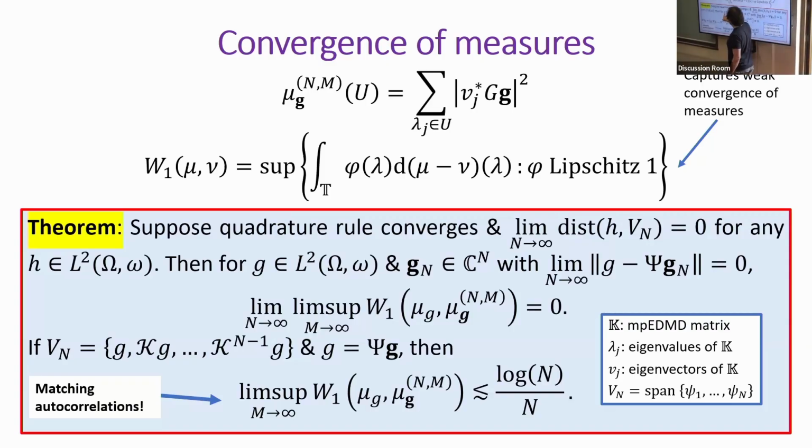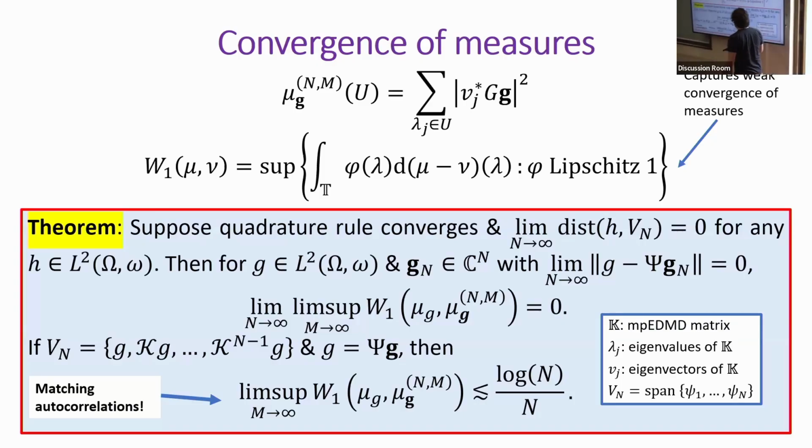Then for any fixed g, and this is related to your comment about the tail, and g_n, which are the coefficients so that your approximations inside your subspace converge to g as you increase the size of the subspace, then if you take the lim sup as m goes to infinity, so more and more data, of this Wasserstein distance between the measure we want and this one, and then you take n to infinity afterwards, you get 0. So your measures converge in the weak sense.